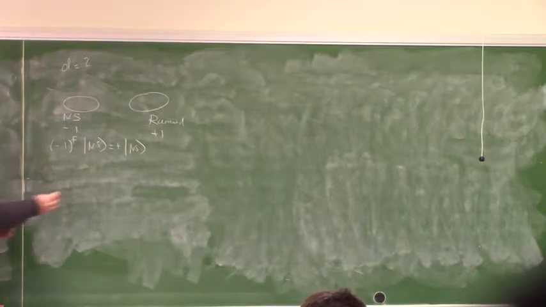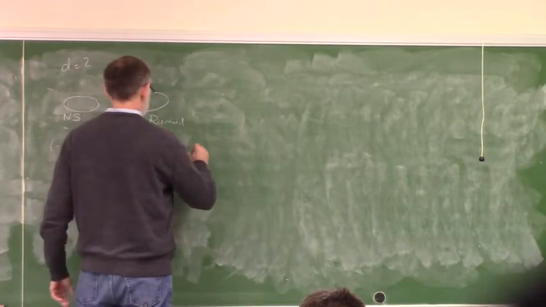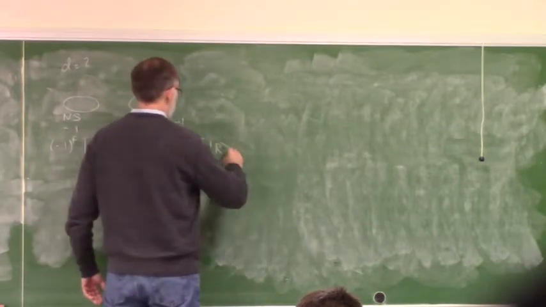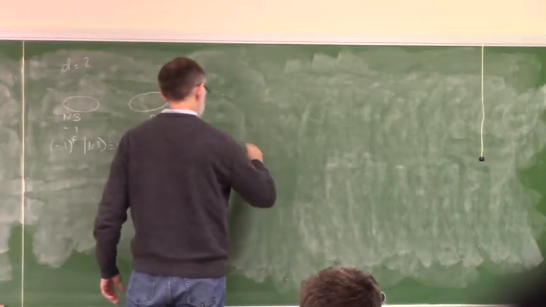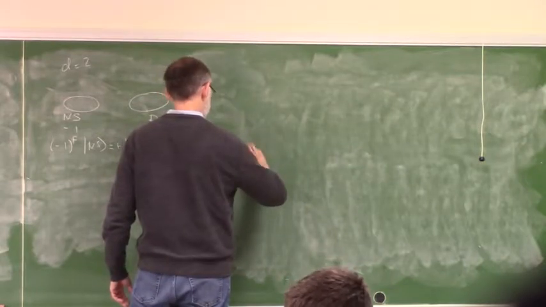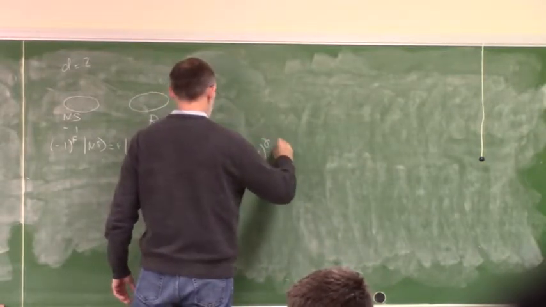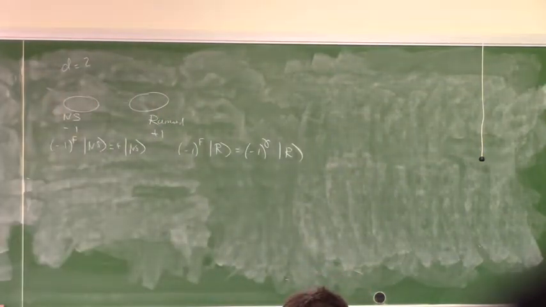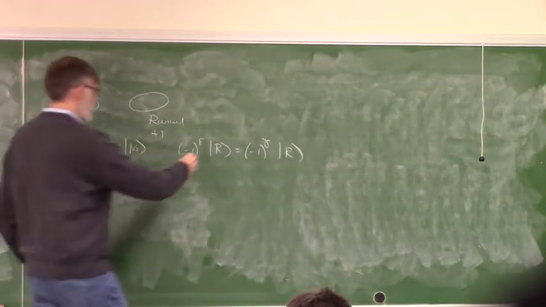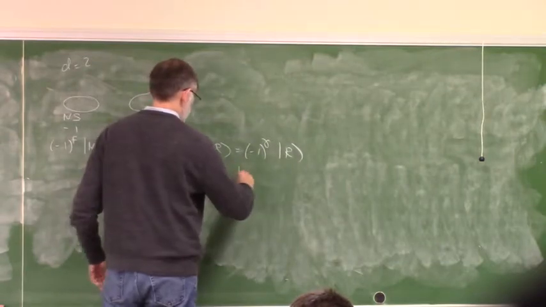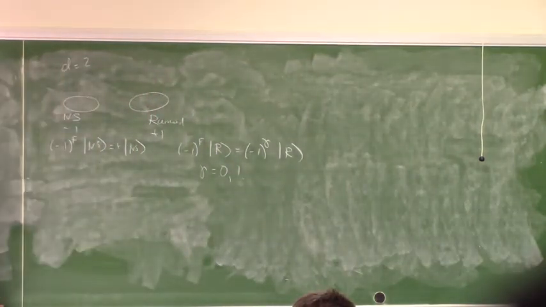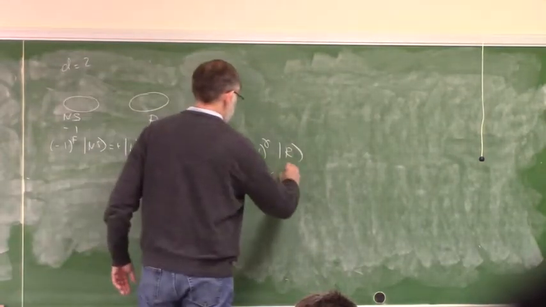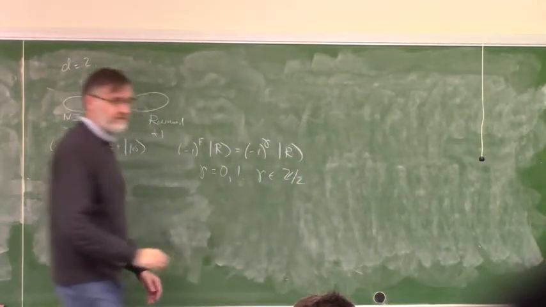That gives you already 2 possibilities, even without anything else. There's some parameter gamma, which is either 0 or 1, which already distinguishes some phases. So gamma is in Z mod 2.